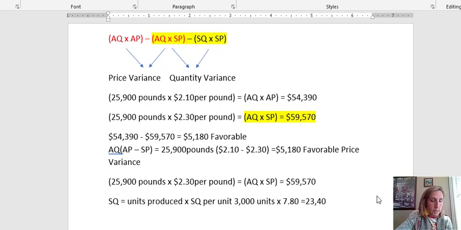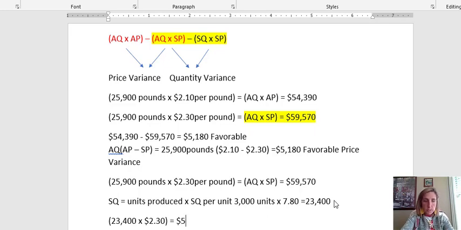Then it says, my formula, that I'm going to take that SQ, 23,400, I'm going to multiply it by the standard price, and that's going to be what I should have paid for the amount that I should have used. 23,400 pounds, and each of them should have cost $2.30.